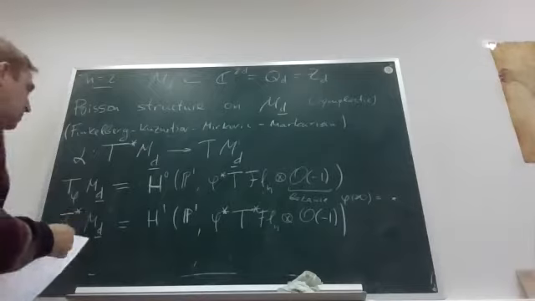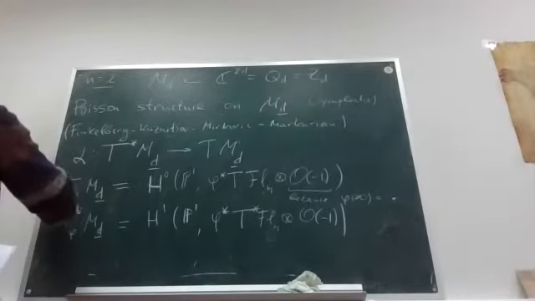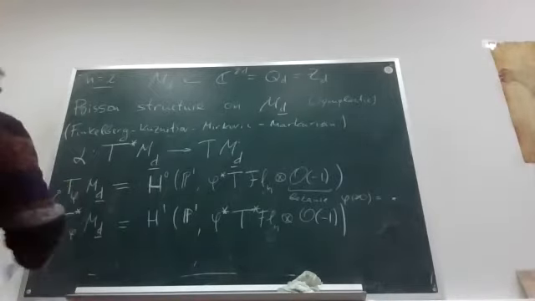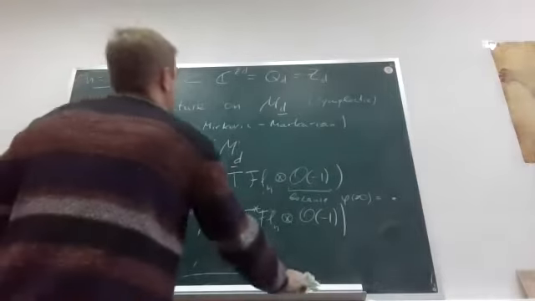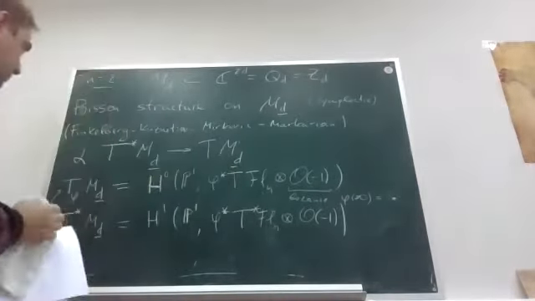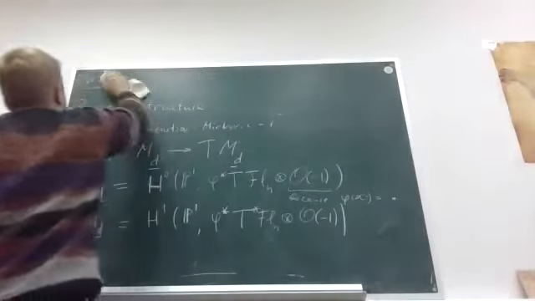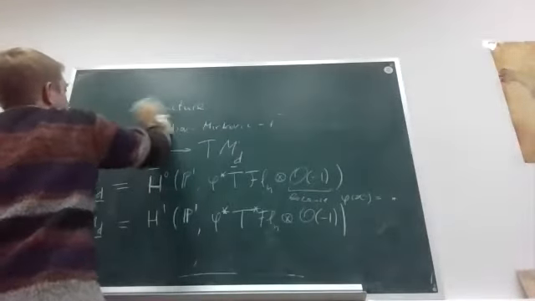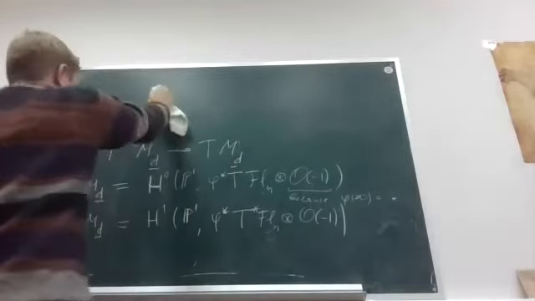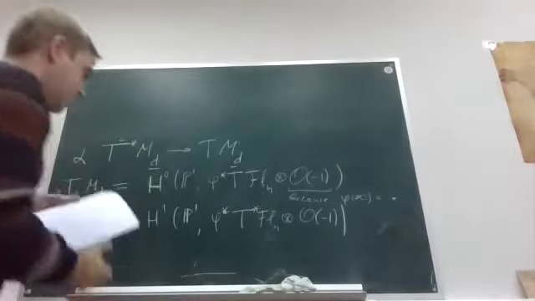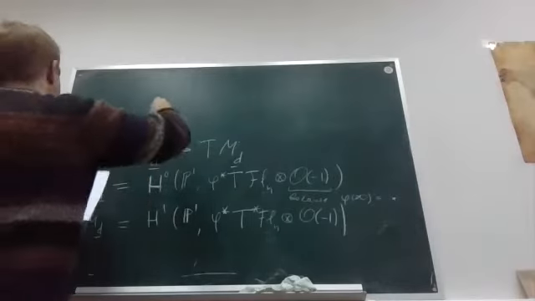So I want a map from here to here. I will obtain it from the following complex of bundles on the flag variety.